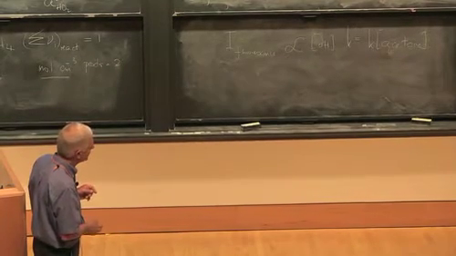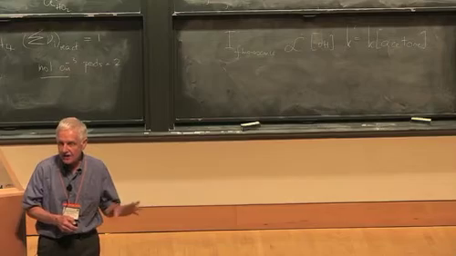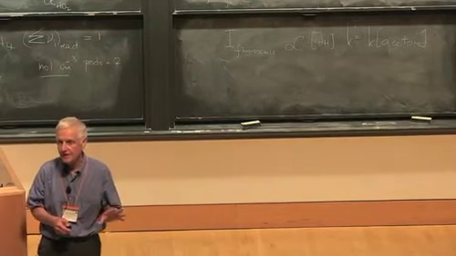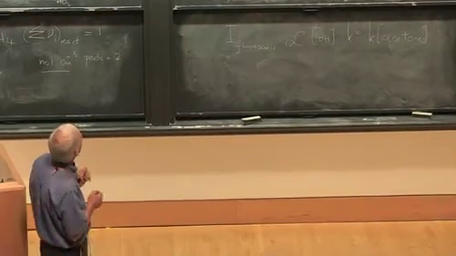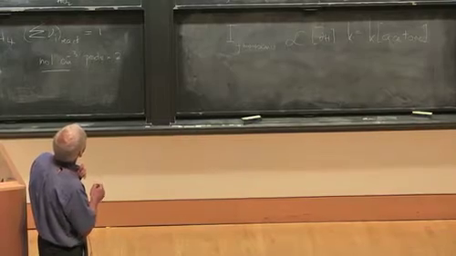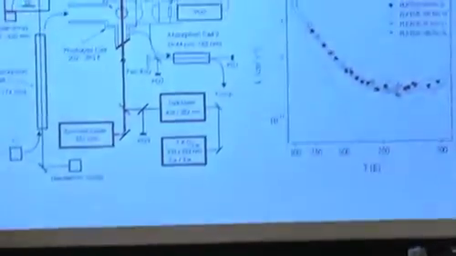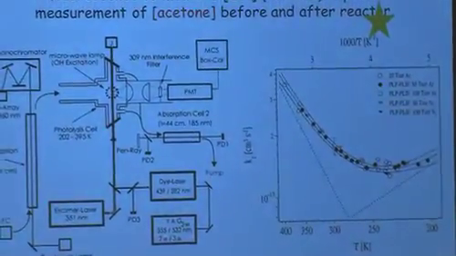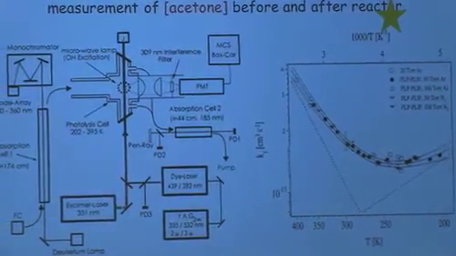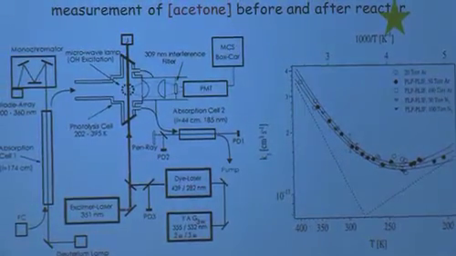So you've got to measure that acetone concentration as accurately and as free from systematic errors as you can. In this particular experiment, I won't go through it in detail, they use absorption spectroscopy both before and after the reaction cell to measure the acetone concentration so they can pin it down as accurately as they possibly can, to 1 or 2%.